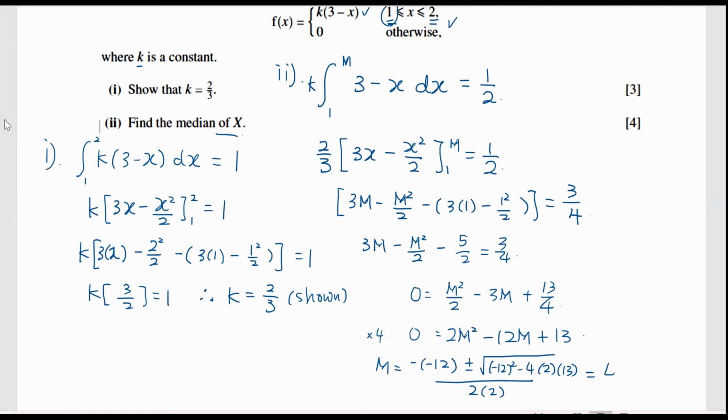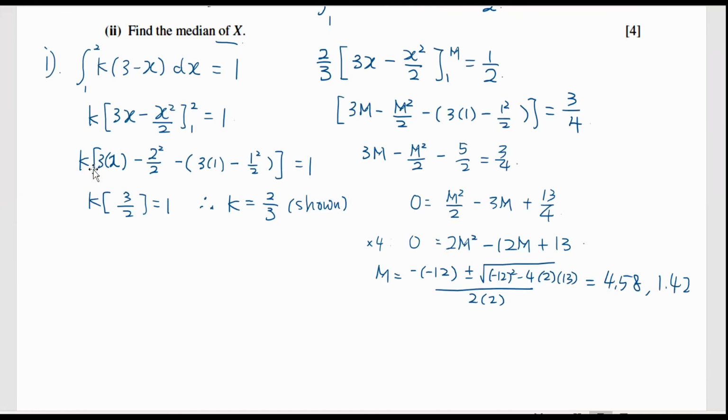So one of the values is 4.58, another value is 1.42. All right. So can you see? Based on this particular question, to find the median value of x, it has to be a value that lies between 1 and 2.